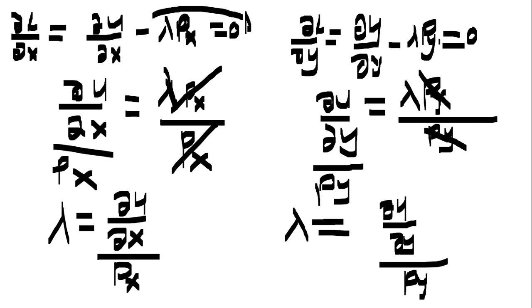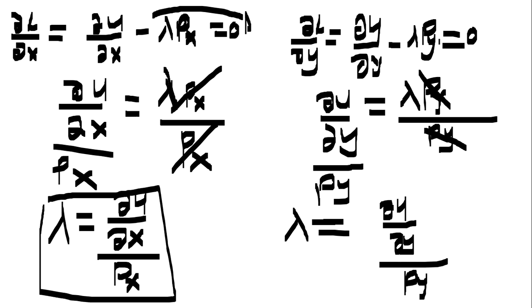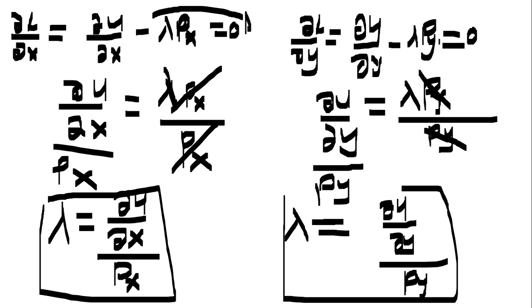So far what we've done is set up the Lagrangian function, get the partial derivatives with respect to x and y, and then make lambda the subject of the formula from both equations. The next step: from the x equation, lambda is this, and from the y equation, lambda is this.